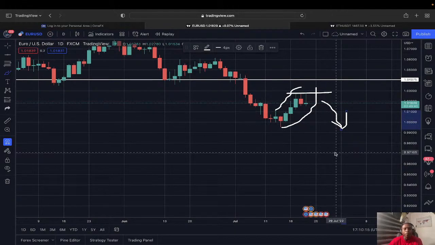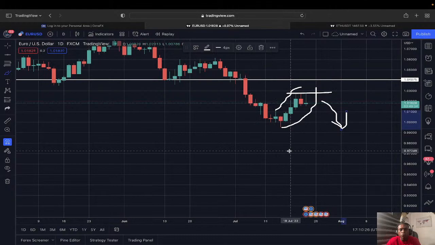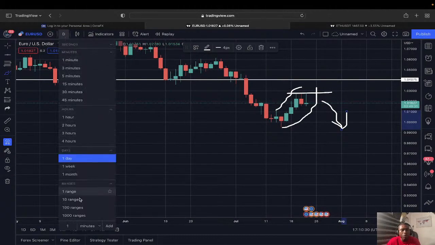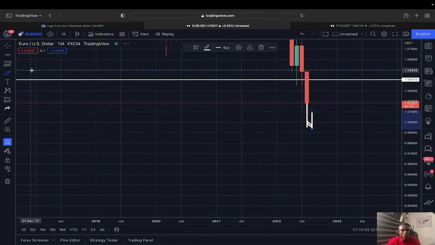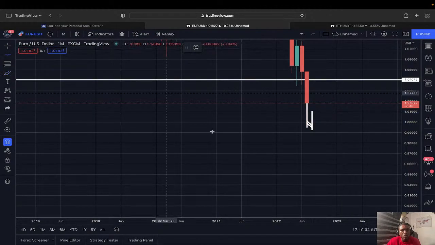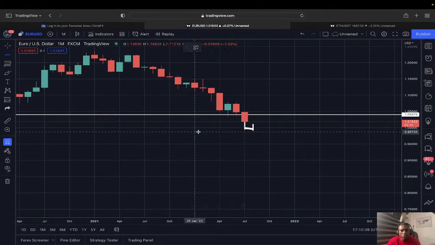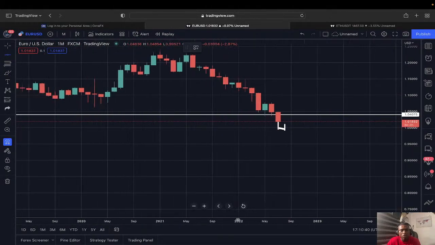Now the continuation in the market direction most likely has a higher chance of touching the next support level. Let's identify the next support level on the monthly time frame.